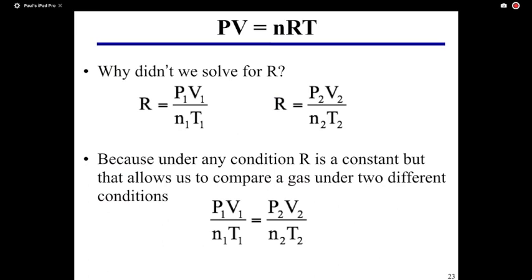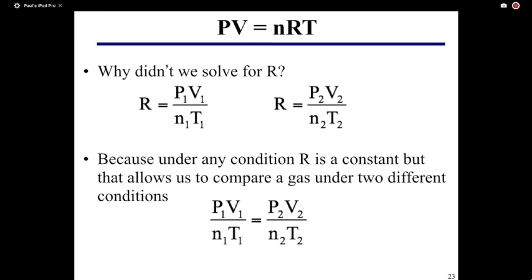Last time we ended up with PV equals nRT, and the only thing we didn't solve for was R. We didn't solve for R because it doesn't matter what conditions you have.